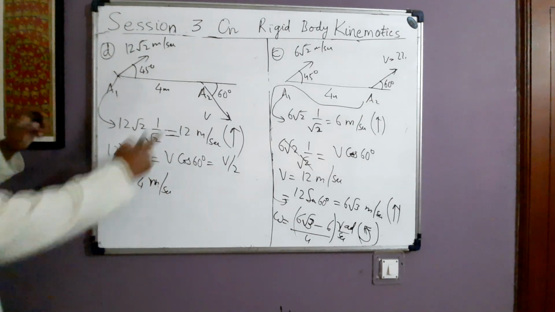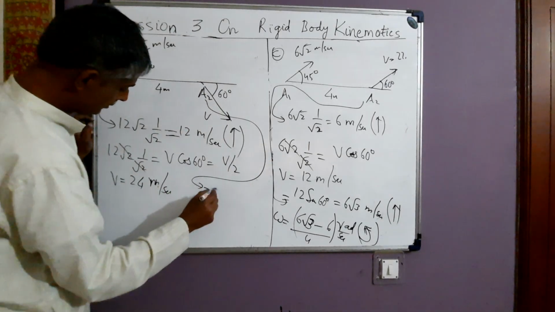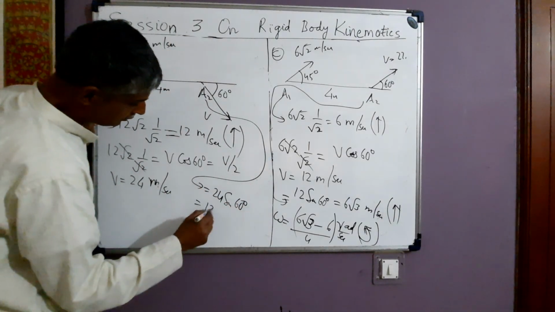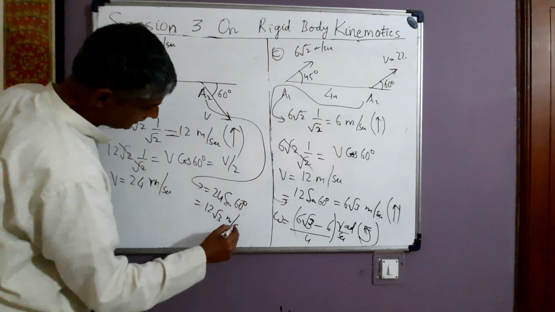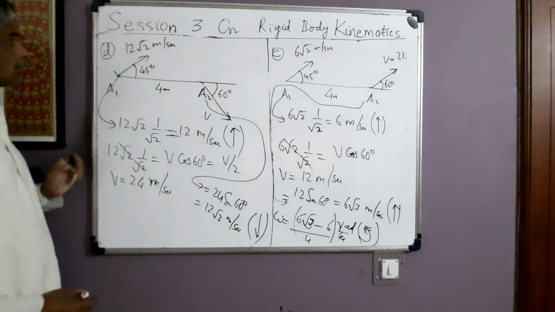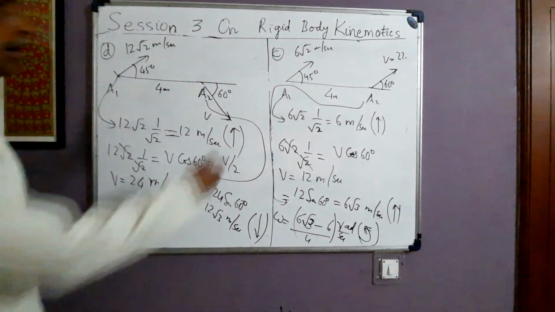Okay. So normal speed of A2 will be 24 sine 60 degree, that is 12 root 3 meter per second. In which direction? Downward direction. Now the omega is equal to relative normal speed by separation.